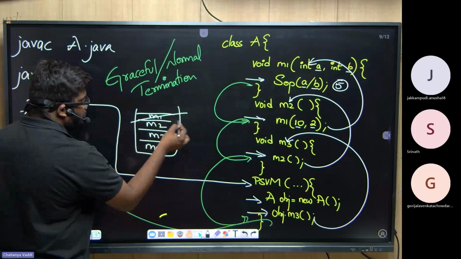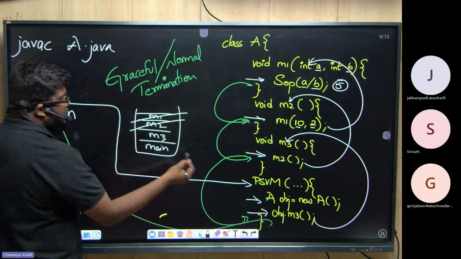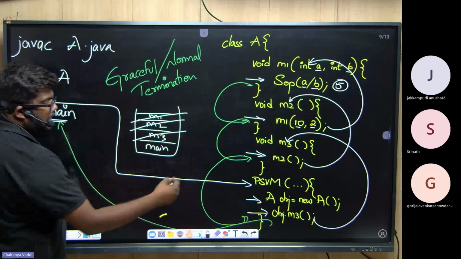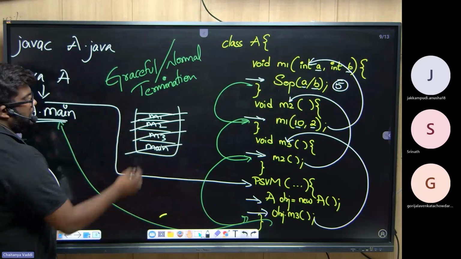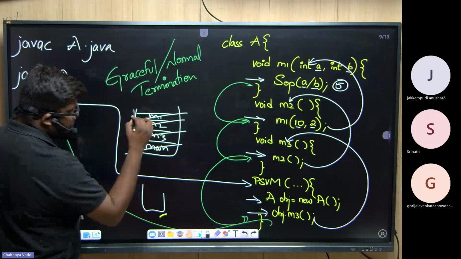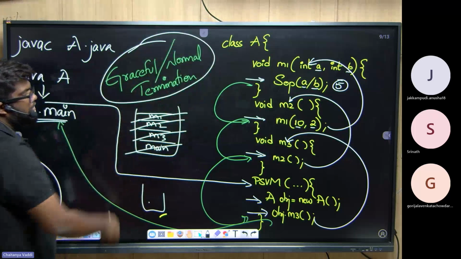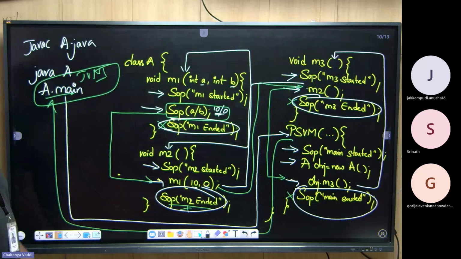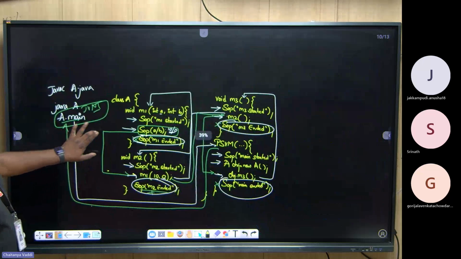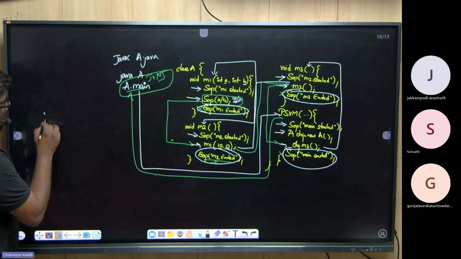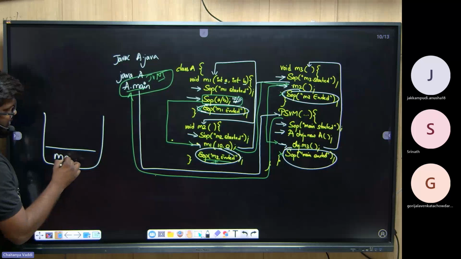And after completion of M2 method, this is also removed. After completion of M3 method, this is removed. After completion of main method, this is removed. And that is how the stack becomes empty again. And whenever the stack is empty, we can call it normal termination. But in this scenario, that is not the case. Do you agree? Because we have the stack where initially main is loaded.